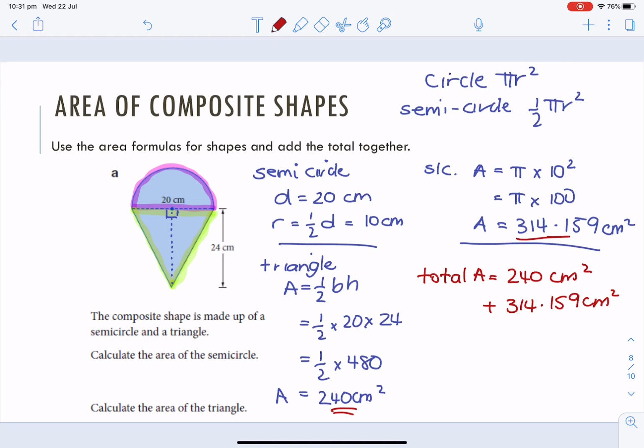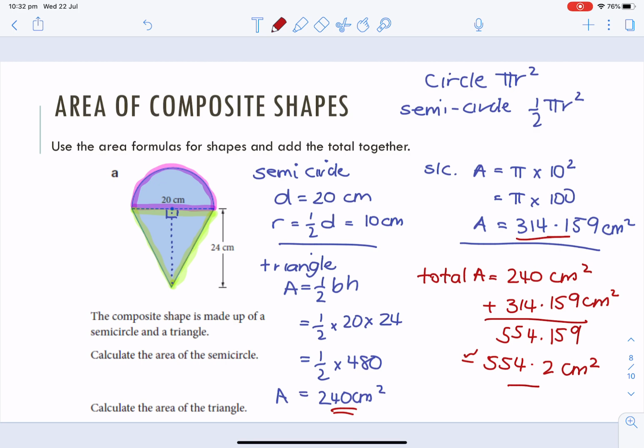So adding them together, I've got 554.159455, don't quote me. So approximately 554.2 centimetres squared, if I was to round it to one decimal place.